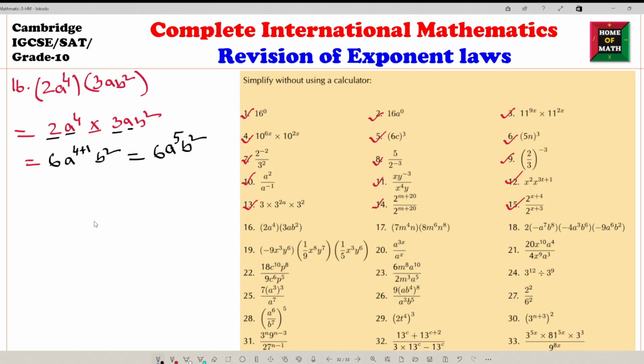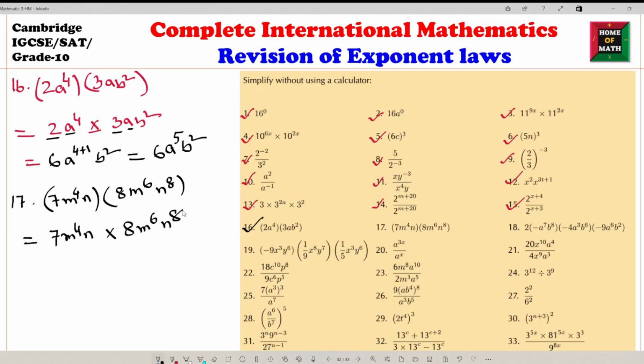Very simple, but now it's our revision period, that's why we are doing it carefully. Number 17: 7m to the power 4n times 8m to the power 6 n to the power 8.